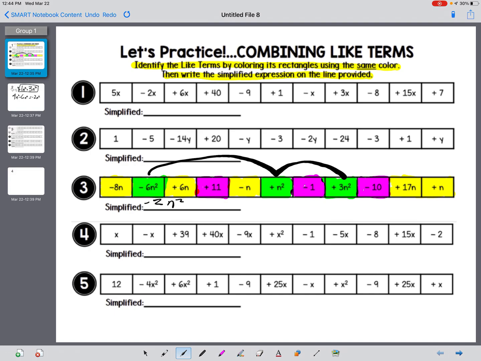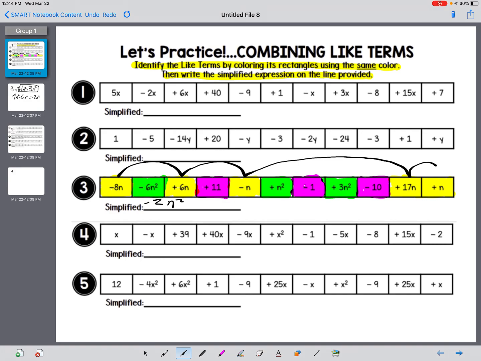Then we're going to add up just the n's. So negative 8n plus 6n is negative 2n together. Another negative n, so that's negative 3n now. And now we have 17n. Basically 17n minus 3n is where we're at because we have a negative 3n. So 17n minus 3n is 14n.